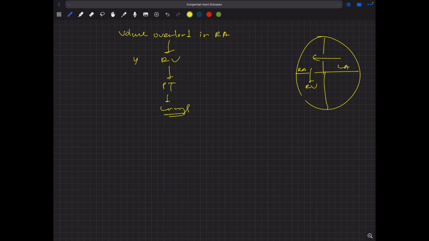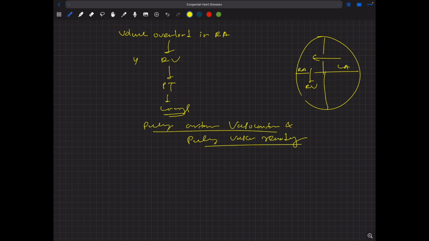If this happens chronically, for a very long period of time, what will this lead to? This will lead to pulmonary arteriolar vasoconstriction and pulmonary vascular remodeling.